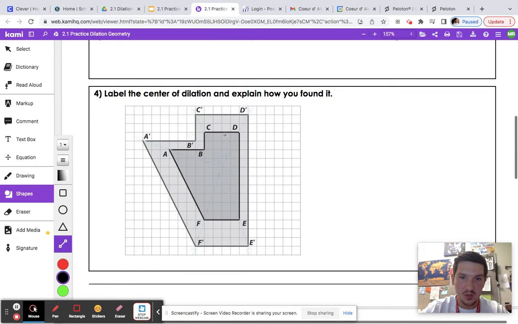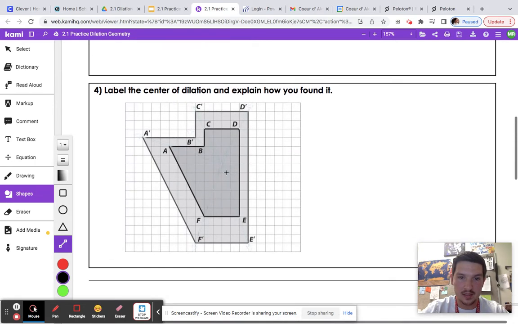Then with this one here, we can do the exact same thing. We can draw out our lines through the vertices to see where they're going to cross. So let's slowly work our way in to see where our center of dilation will be. Oops, that one wasn't very good. Let me start again. Right now we can kind of see it, but we're going to keep going and ensure that is the center of dilation.